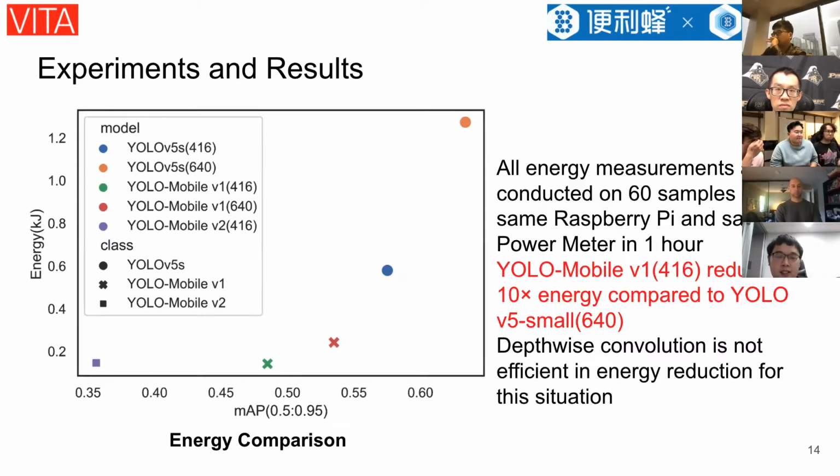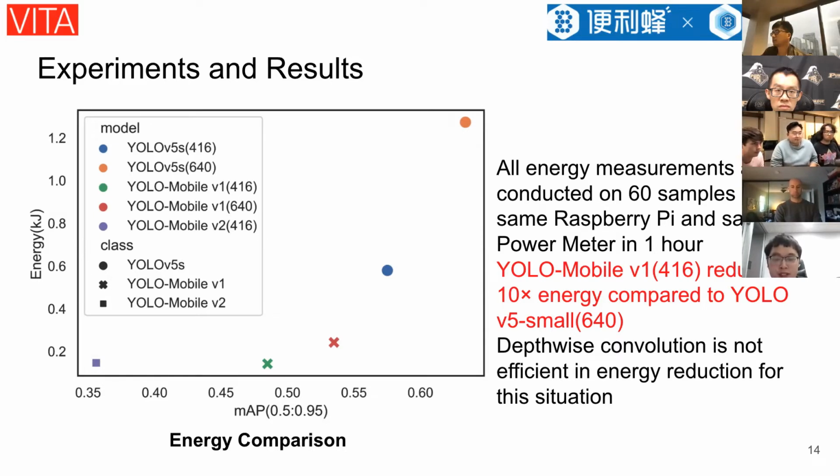And here is the energy comparison of different models. All energy measurements are conducted on 60 samples by the same Raspberry Pi and the same parameters in 1 hour. YOLO Mobile V1 reduced energy by 10 times compared to YOLO 5 small.